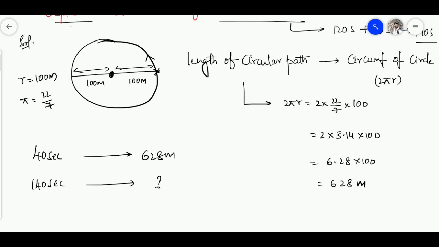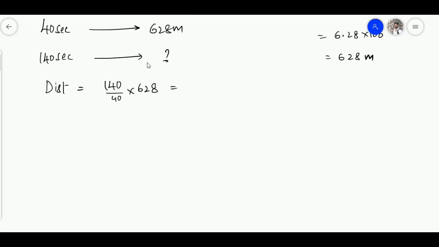That's the distance. So here I can do this as the distance covered will be 140 by 40 into 628. That gives you 2200 meters. This is how you can calculate. Or else we can follow one more method.